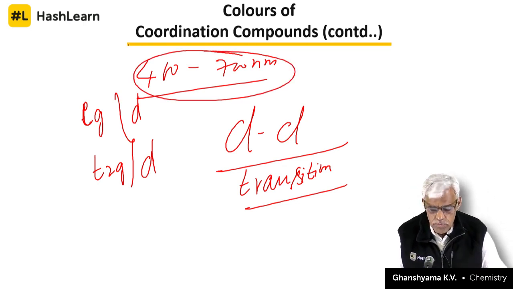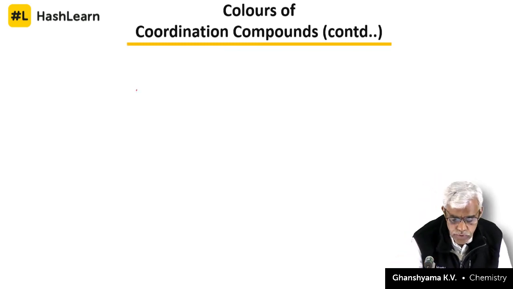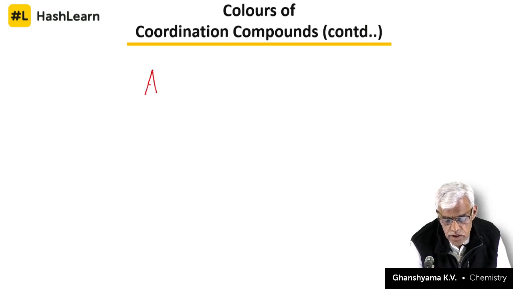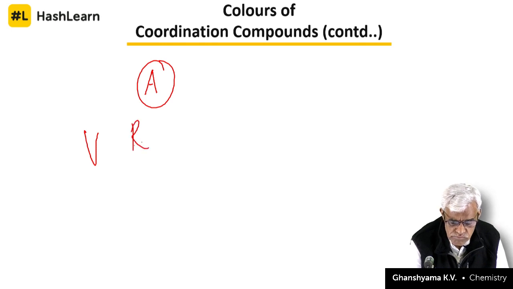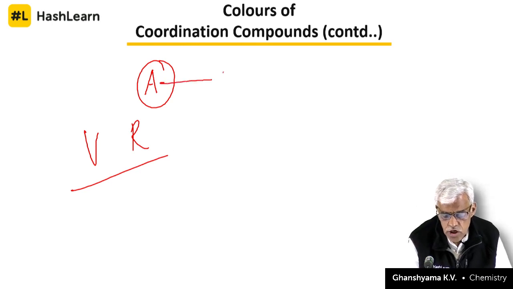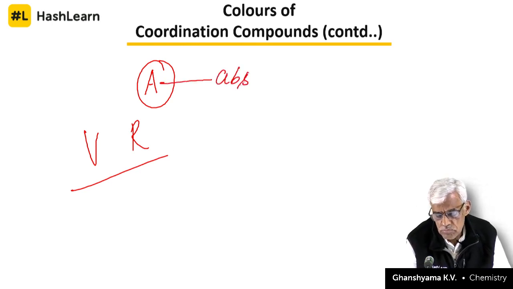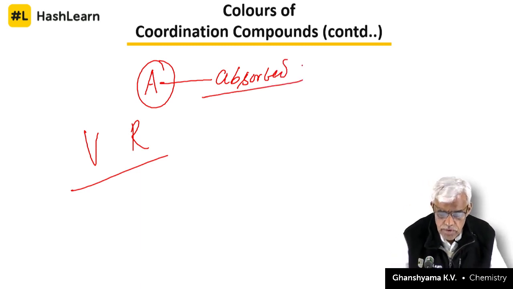One more thing you should know here is, if one color, let us say color A in the VIBGYOR region from violet to red, is absorbed, the electron gets excited, it comes back.